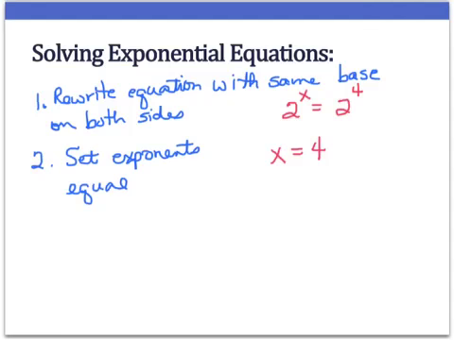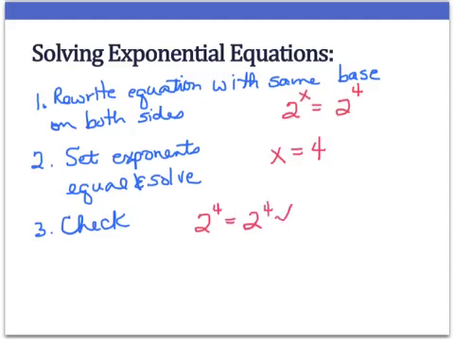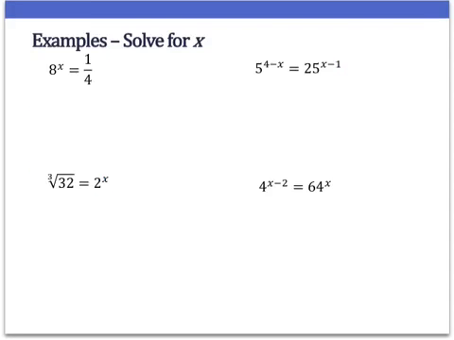And then your last step is to check. And part of step number 2 is and solve for your variable. Okay, and your check, that's important. You can do that mentally, but if you just substitute in what you solved for, you can see that that checks.